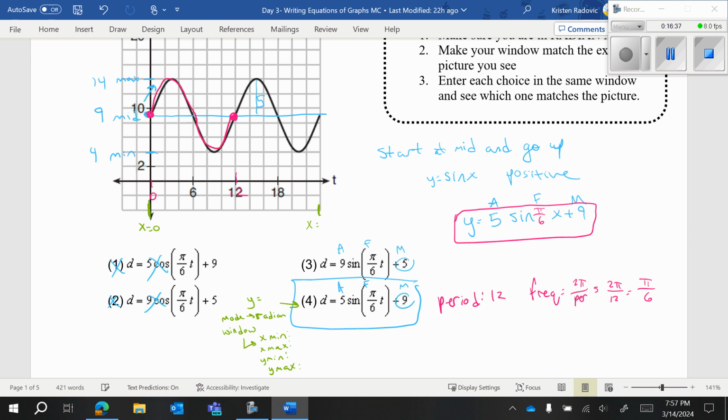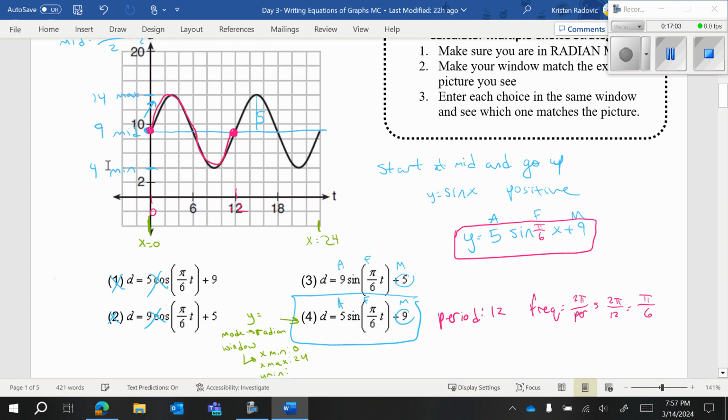How much are we counting by? Every 3 boxes is 6 units. Each box is worth 2 points. 2, 4, 6, 8, 10, 12, 14, 16, 18, 20, 22, 24. Never mind. Can't count. 24. So your X values are going from 0 to 24.